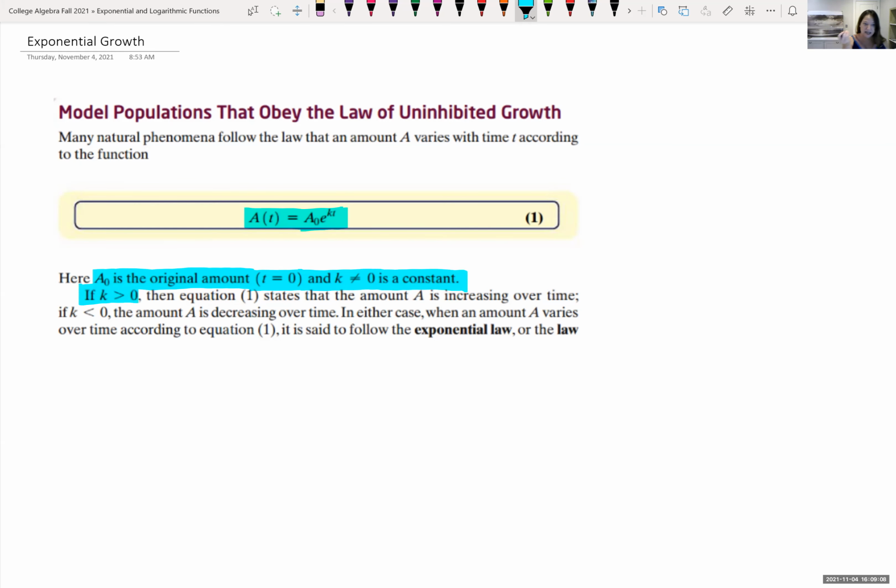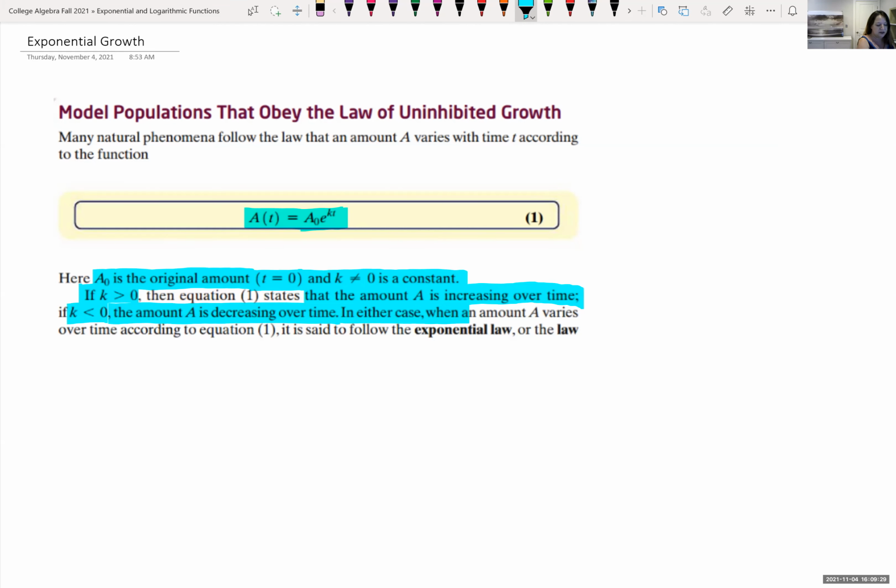If our constant k, that value in our exponent, is positive, then we can say that the amount A is increasing over time. If that value k is less than 0, we have a negative k value, then the amount A is decreasing over time.